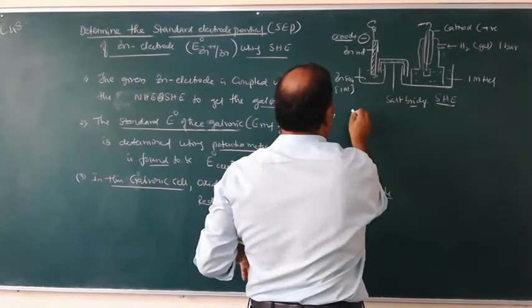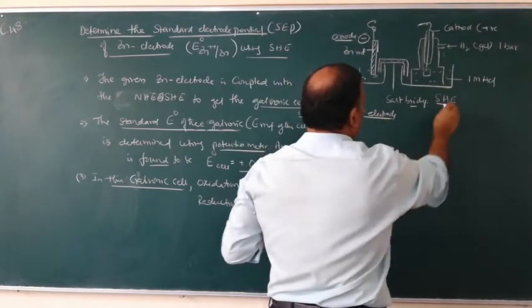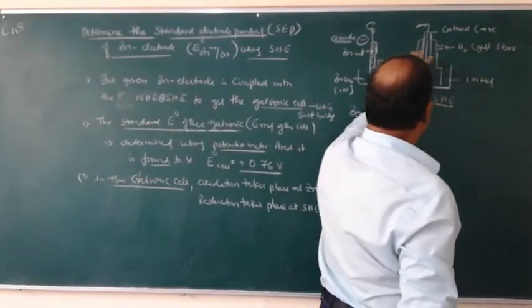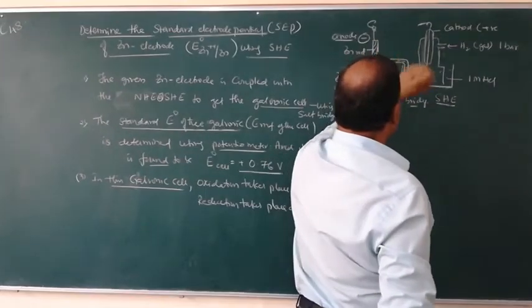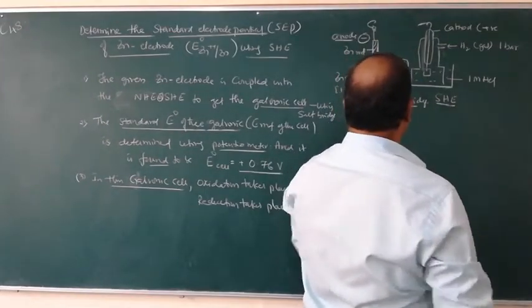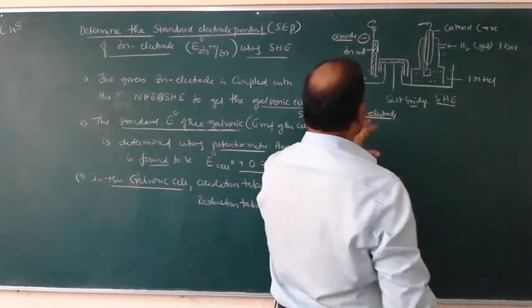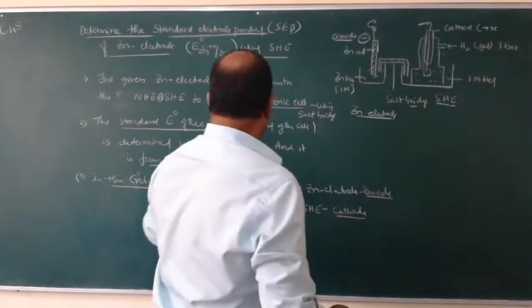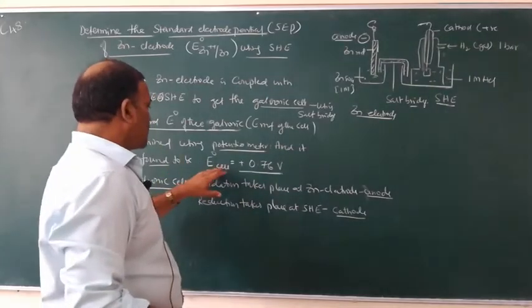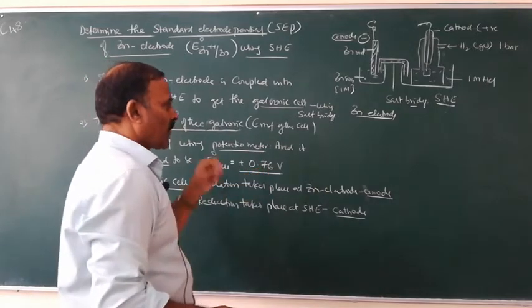This is the zinc electrode and this one is the standard hydrogen electrode. These two are connected using salt bridge and this forms a galvanic cell. The EMF of this cell, that is E0 cell, is determined using potentiometer and it is found to be 0.76 volts.